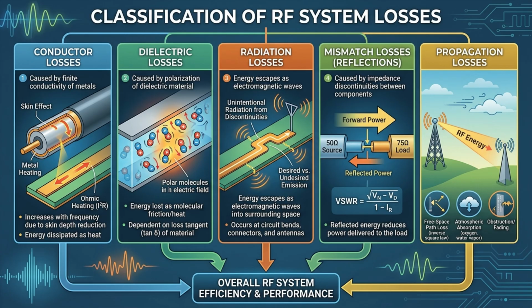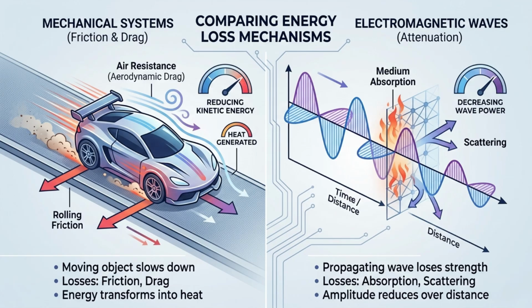Losses can occur inside RF components, transmission lines, antennas, or during free space propagation. Engineers typically classify losses into several categories, including conductor losses, dielectric losses, radiation losses, mismatch losses, and propagation losses. Together, these determine the overall efficiency of an RF system.